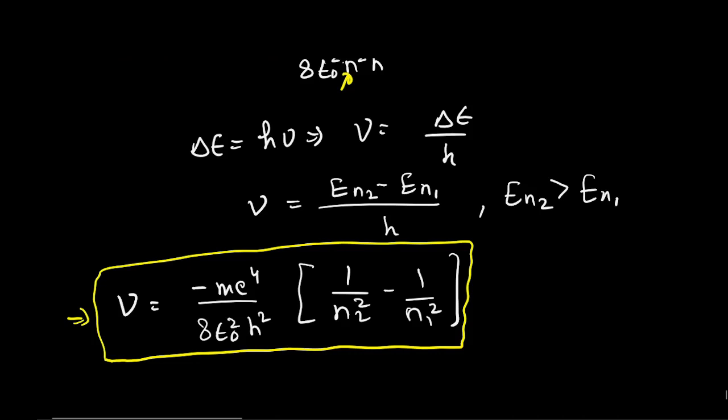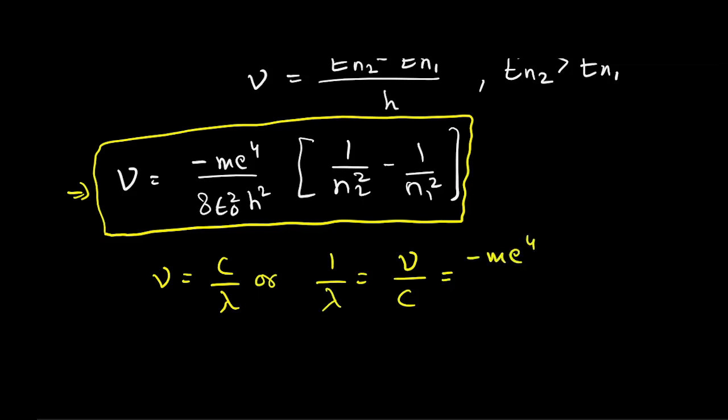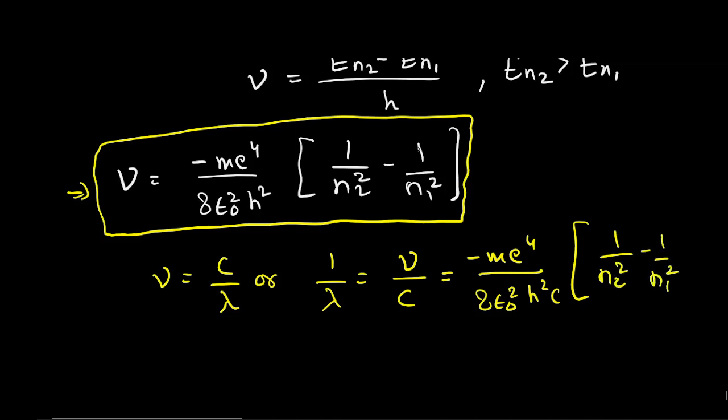Very important expression. Now we know nu can be written as c upon lambda also, or we can write 1 upon lambda equals nu by c, that is minus me^4 divided by 8 epsilon naught squared h squared c, in brackets 1 by n2 squared minus 1 by n1 squared.